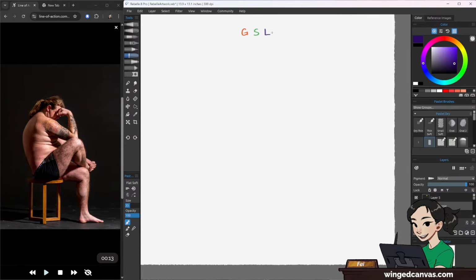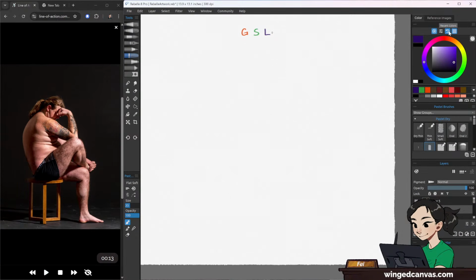Okay, so each of these represents a different phase, right? Today we are talking about the gesture phase. The gesture phase is where you think about movement. It's all about movement, it's all about rhythm and alignment.